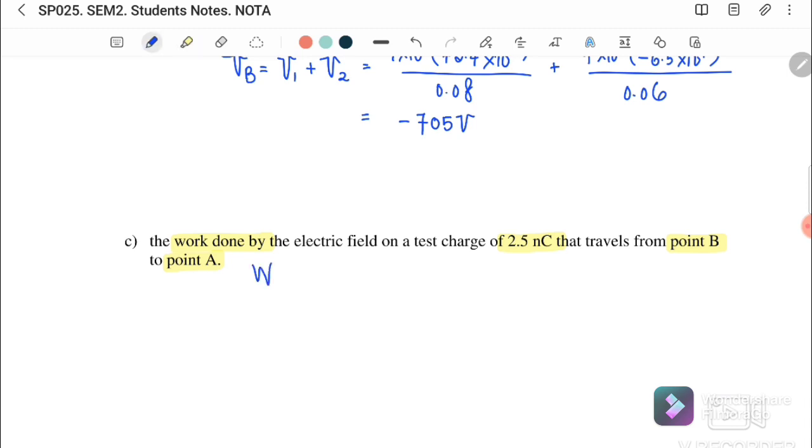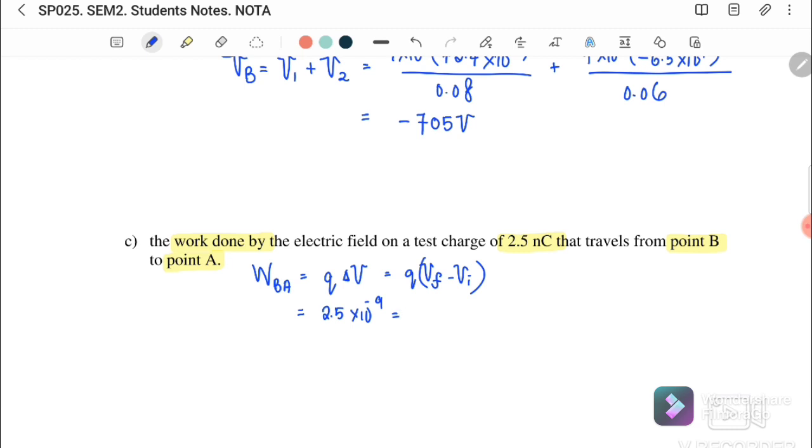Okay, so our work done equation is from B to point A. The equation is Q times the change of electric potential. Q is the test charge, where the test charge is 2.5 nano, and for V, we must take V final minus V initial.